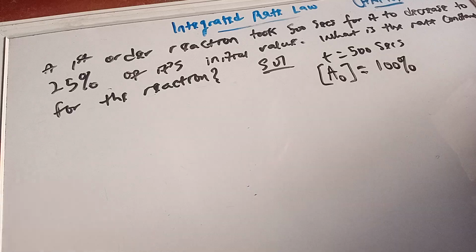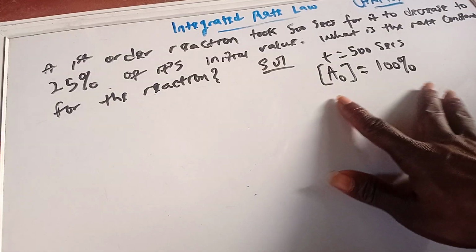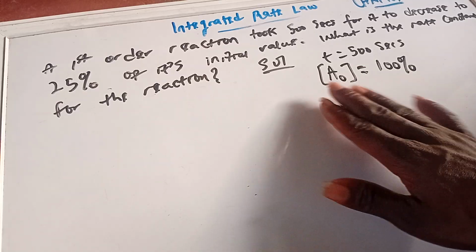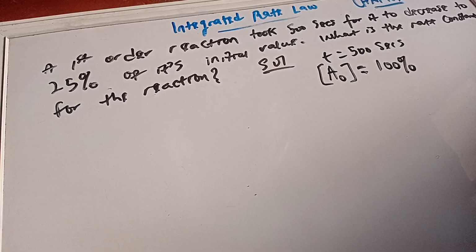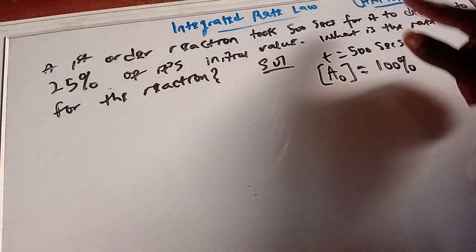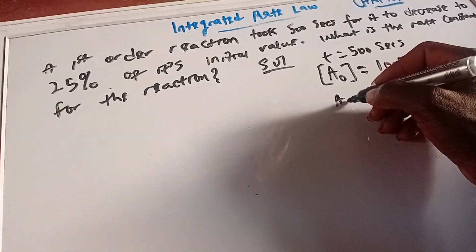So this is the initial concentration, like nothing has happened. There's no decomposition yet. This is the initial concentration, 100%. The first order reaction took 500 seconds for it to decrease to 25% of its initial. Now that means A at a particular time t.